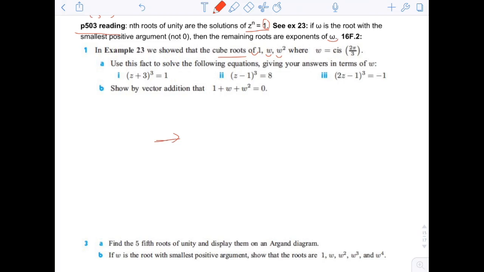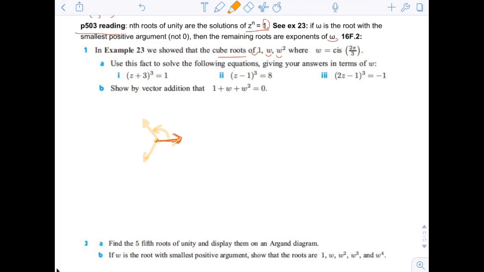If we draw the complex number 1 in the complex plane, it is a vector going in the right direction. If we were to find all the cube roots of it, we would have 3 complex numbers. One would be pointing exactly in the same direction, one would be pointing 120 degrees like that, and the other one would be 120 degrees separated from those. Those are the complex cube roots of 1.